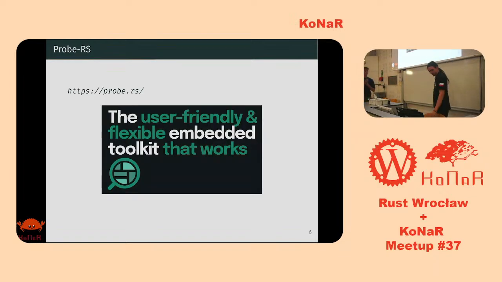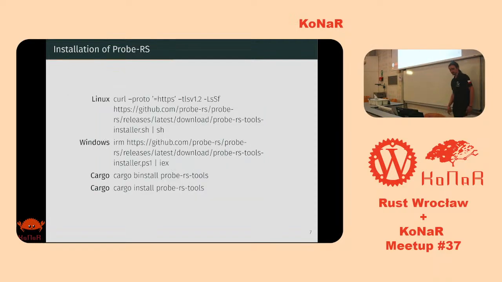And a bit about ProbeRS. It's a Rust-written tool that we use in our project to program the embedded systems in our robots, and not only in our robots. To install it, you just put this in your terminal and then install some tools with cargo, which is another advantage of cargo.